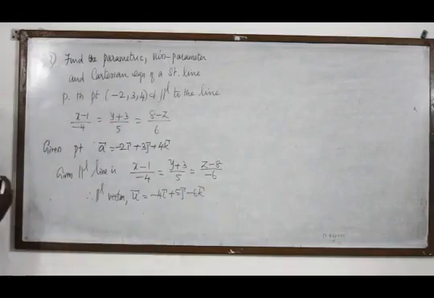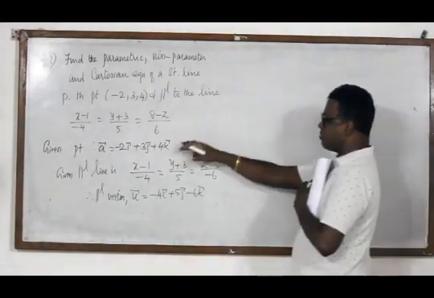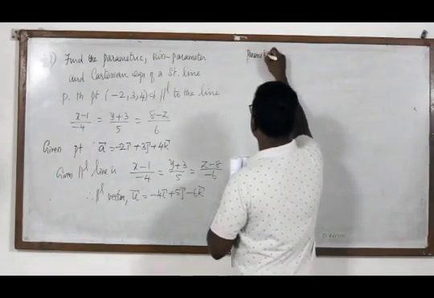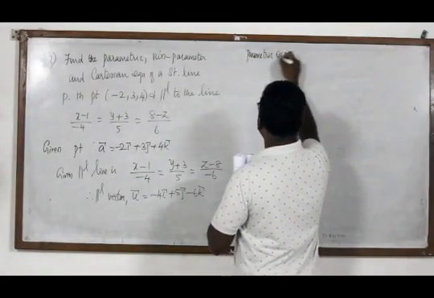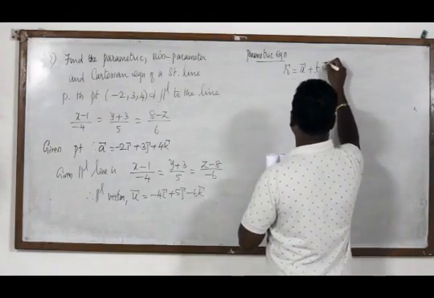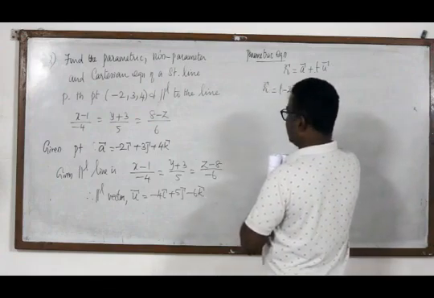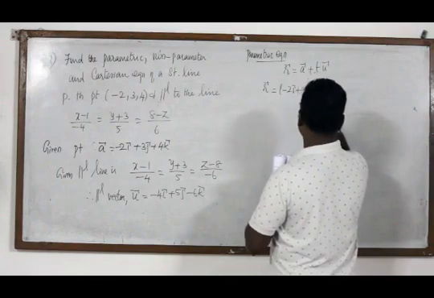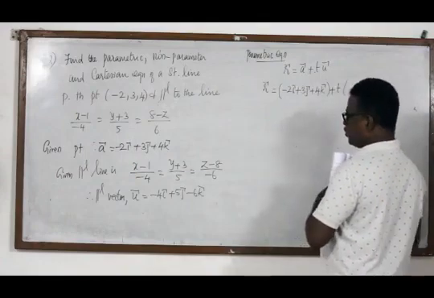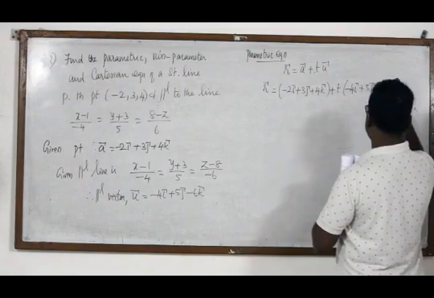So the parametric equation is R vector equal to A vector plus T U vector: R equals minus 2i plus 3j plus 4k plus T into minus 4i plus 5j minus 6k.